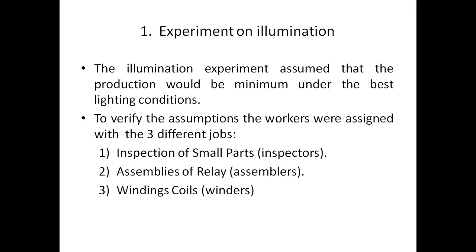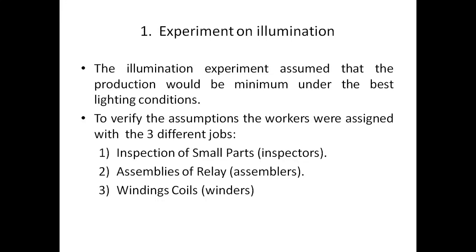To verify the assumptions, the workers were assigned 3 different jobs. They are inspection of small parts; the workers involved in this are called inspectors. The second type of job is the assembly of relays; the workers were called assemblers.